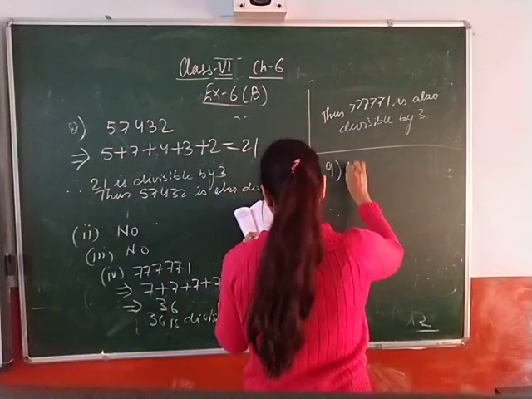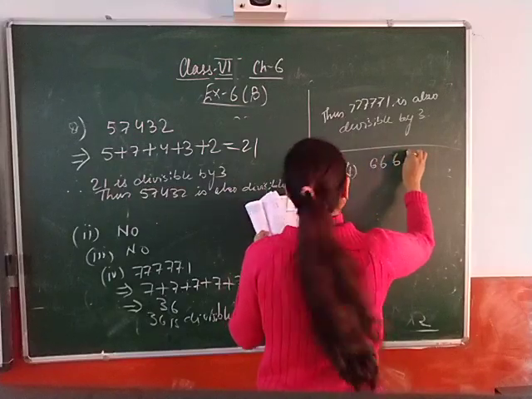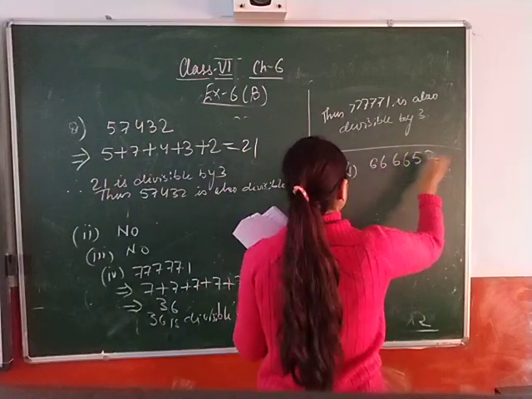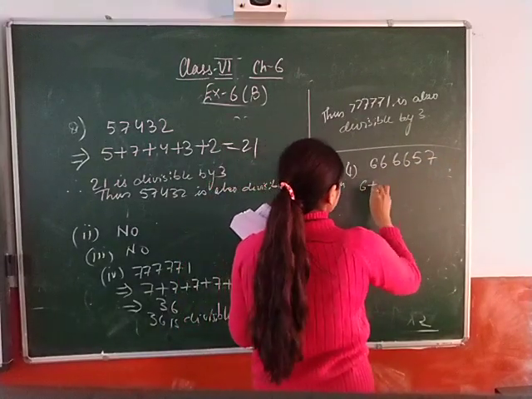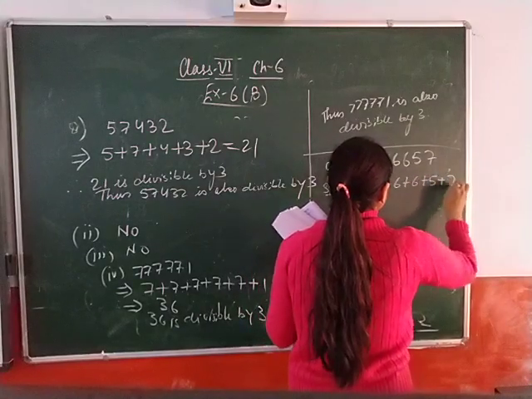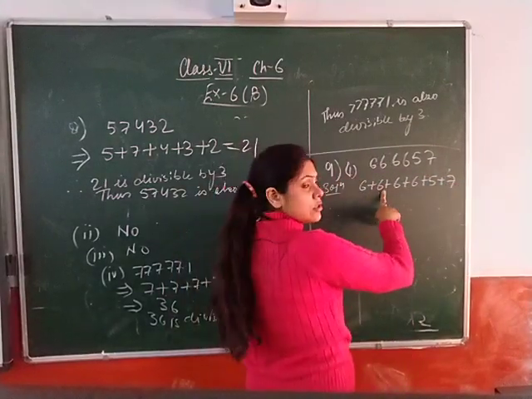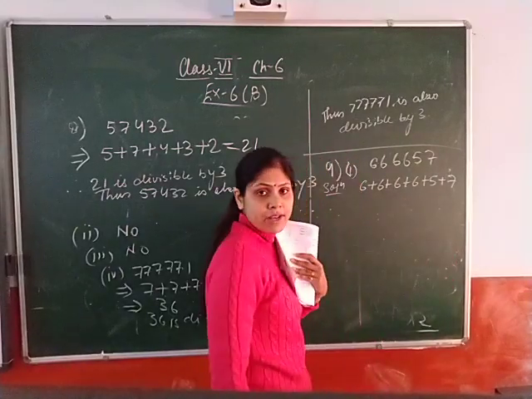So, I am doing one question here. 666657. 6 plus 6 plus 6 plus 6 plus 5 plus 7. When you add: 12, 18, 24. 24 plus 5, 29, 36.